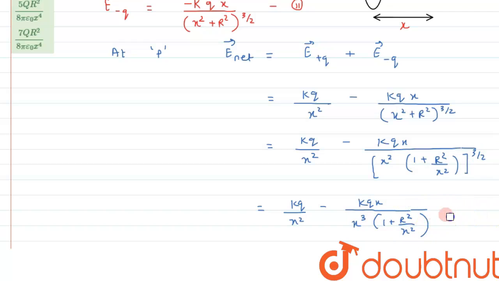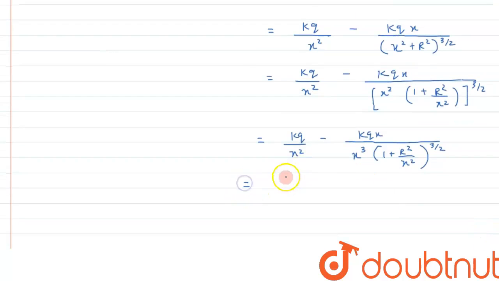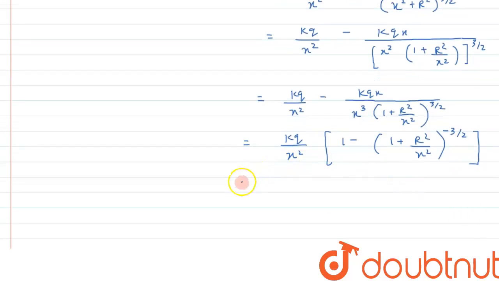Now we can take the value of kq by x square as common from both of these terms, so we are left with 1 minus 1 plus r square by x square raised to minus 3 by 2.